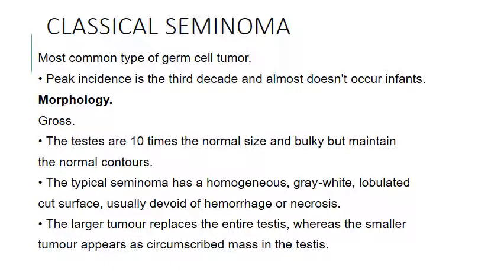Grossly, the testis becomes bulkier, increasing up to 10 times, and on cut section it is homogeneous grey white lobulated. Usually hemorrhages and necrotic areas are rare. When seminoma is large, it completely replaces the testis with a remnant of normal tissue present towards one side.